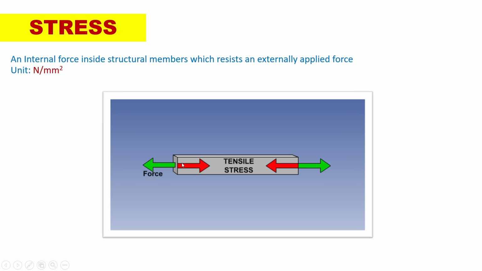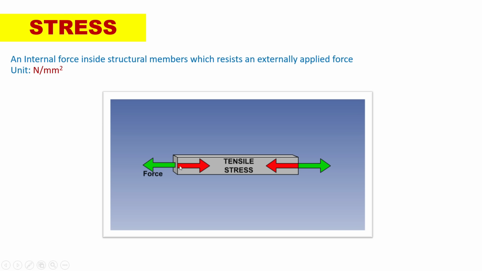See, just imagine what I'm saying to you. Take a metal piece, okay, and apply external force to it, right? The external force I'm applying here is nothing but a force of stretching. These green arrows that you're seeing here, this is the force that I'm applying.